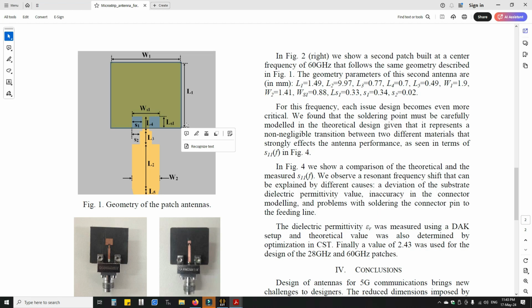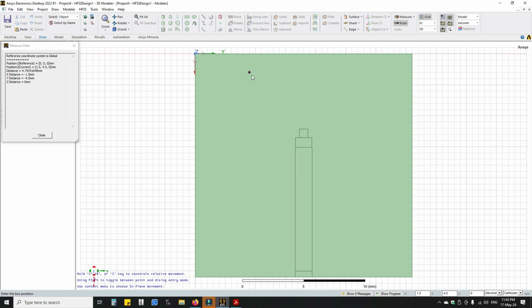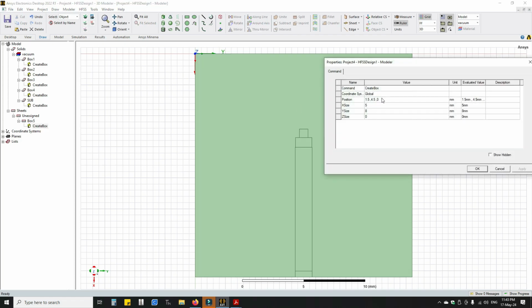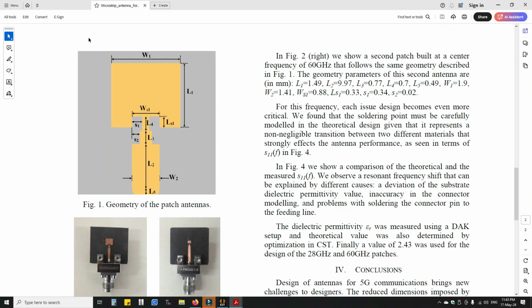So for that I just created one radiating box. I'm going to place a radiating box somewhere on the top of the substrate. On the top of the substrate thickness is T. I'm going to choose the metal thickness is MT. Now on the y direction, W1 is 1.9 mm.